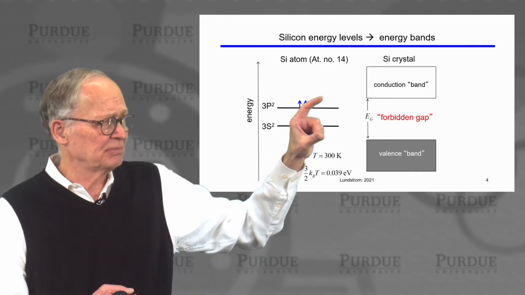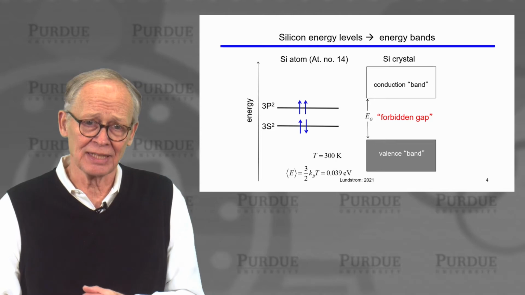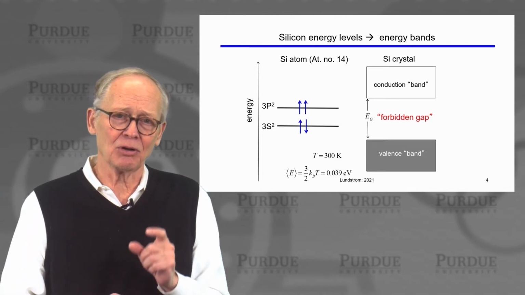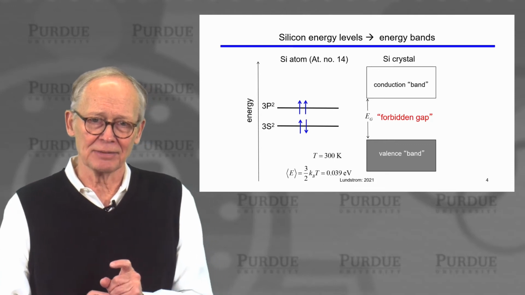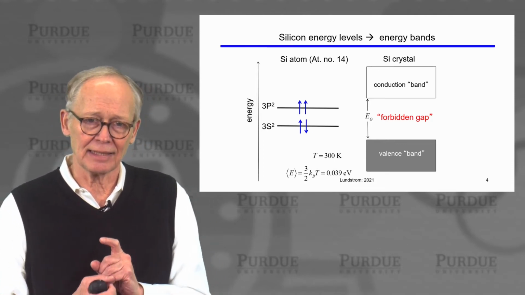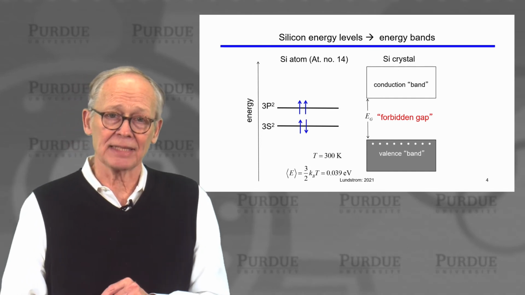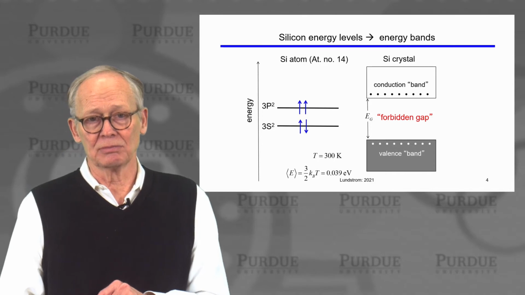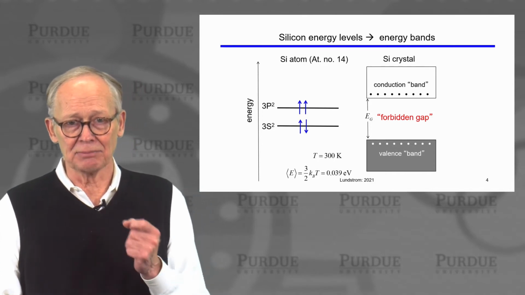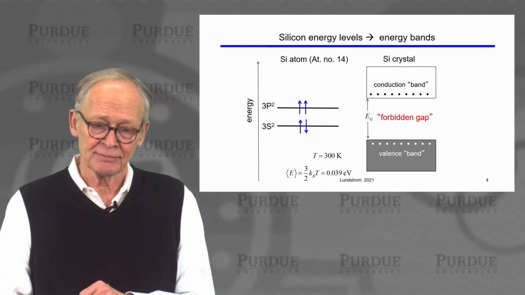The band gap for silicon is much larger, 1.1 electron volts, but there is still some small probability that there will be some thermal energy sufficient to break a covalent bond, to create an empty state in the valence band, and to allow that electron, that bond that was broken, to move around and to place it in the conduction band.